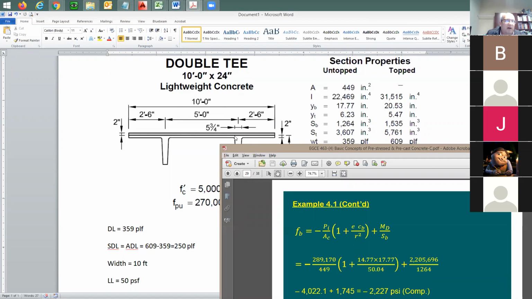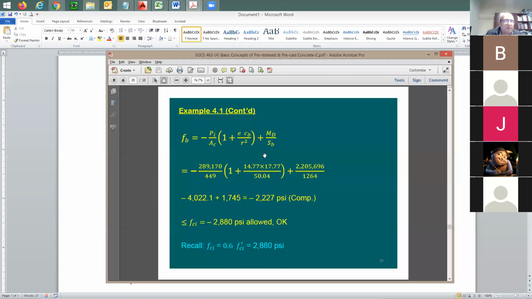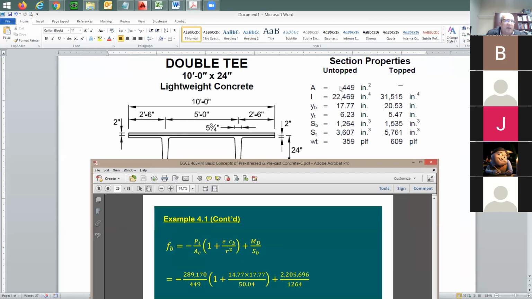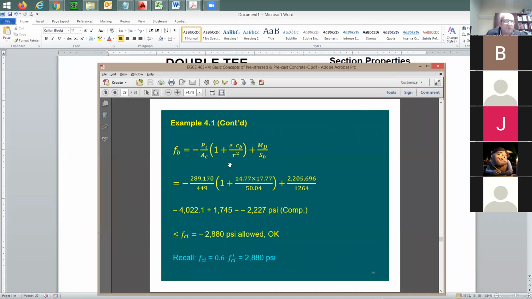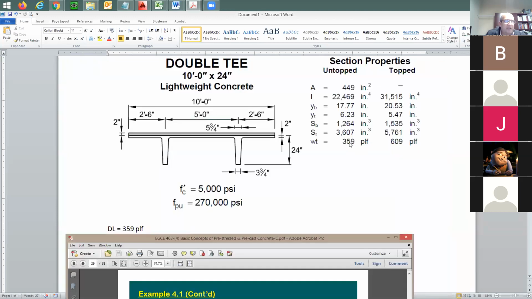I move this item to the construction site, it still is going to be in the fabrication yard. So this equation is good, right? If B is going to be PI, AC, yeah, it's going to be all of that on top. Forget about the topping, because all of that is going to be done in the fabrication yard in the factory. The dead load here, this 359, is going to be the self-weight of the beam or the double T.